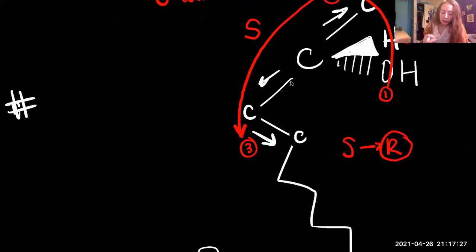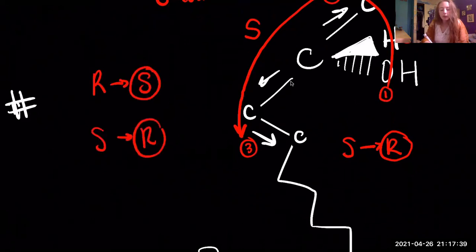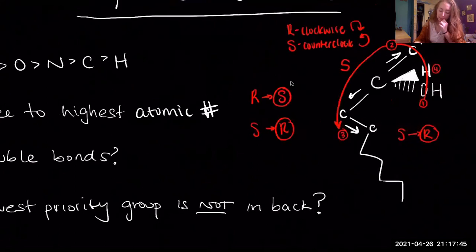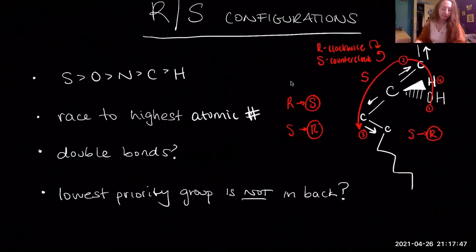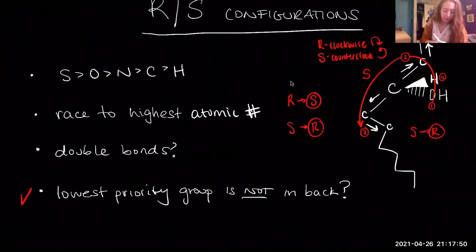So when you have a hydrogen or a low priority group, it doesn't have to be hydrogen, that's not in the back, your R will turn into an S as your final answer, or an S will turn into an R. Simple as that. You just do a flip, you just do a switch. All right, so we figured that out.